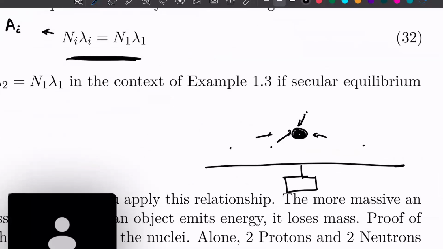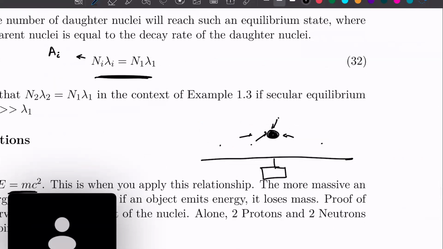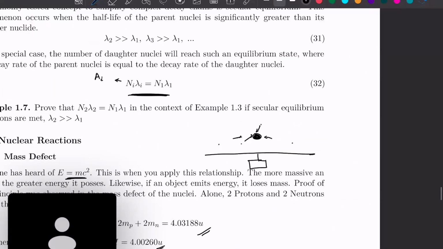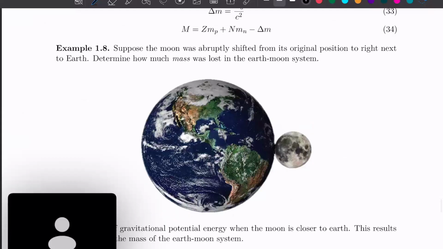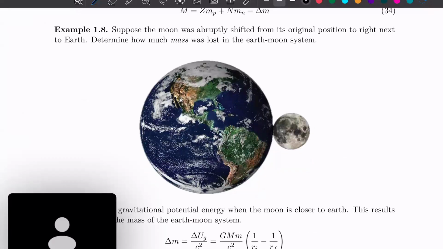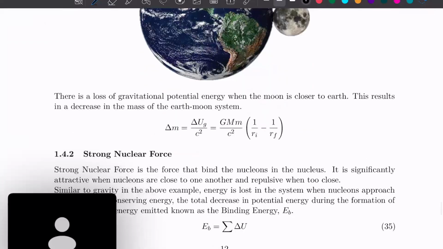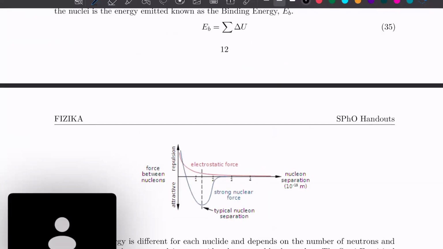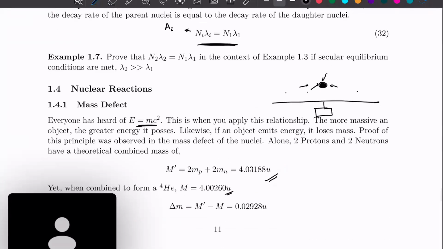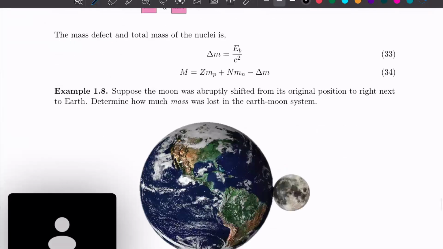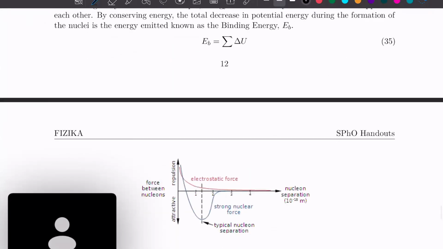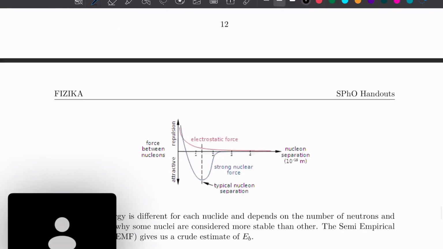Basically the system's energy has decreased. So you can still think of it as like the gravity case. There will still be energy release because there is an attractive force at very short range. So all you have to remember is that the energy of the system has decreased, and so the mass decreases.